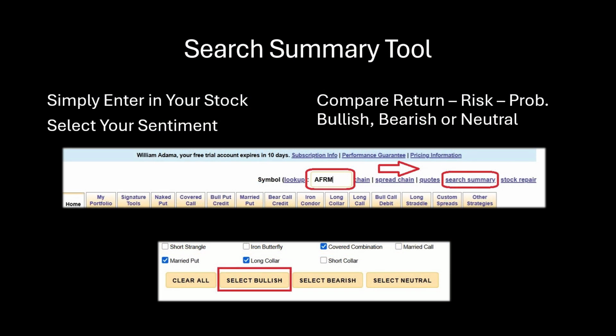It's an easy tool to use, something that I forgot to mention in the previous discussion. The search summary tool is the easiest access. You find a stock you're interested in, you're bullish on it, bearish on it, neutral, bullish to bearish, bearish to neutral, enter it into the symbol lookup field, click on the search summary link, and then select which sentiment you're interested in.